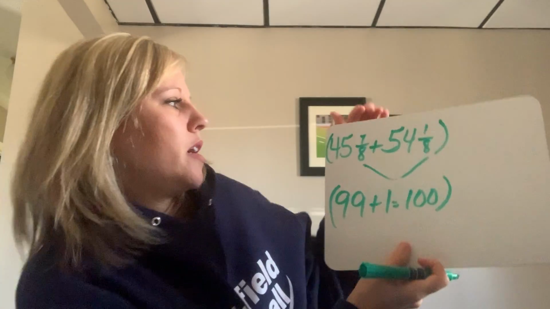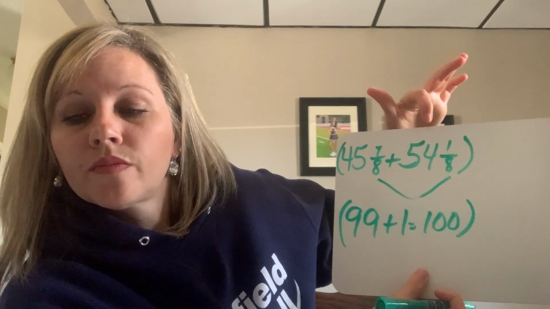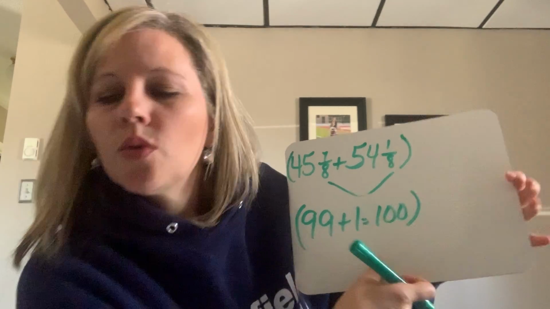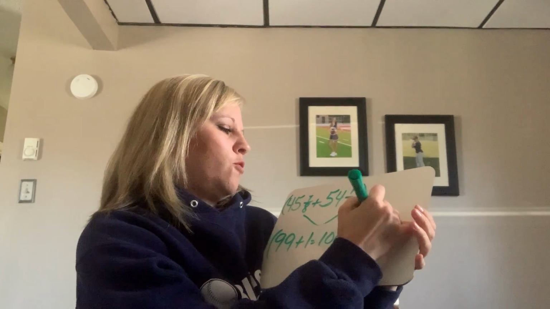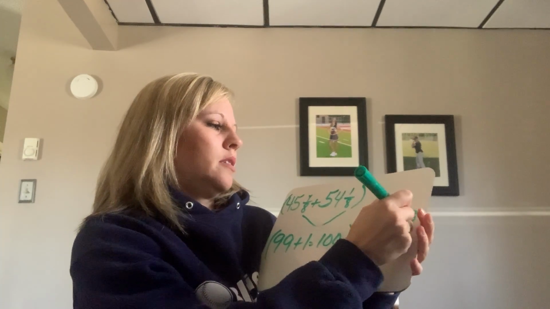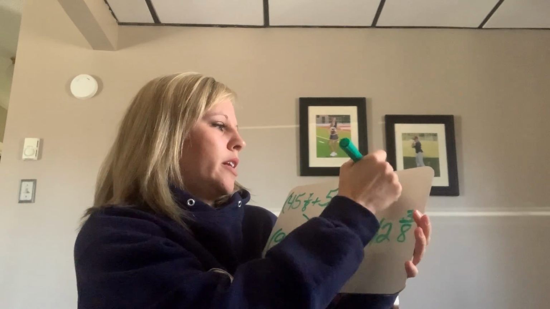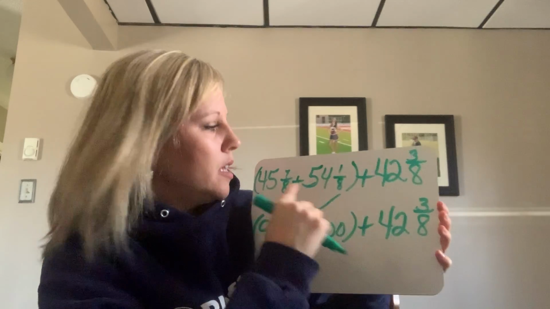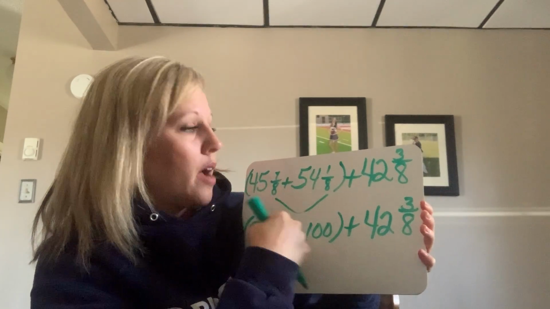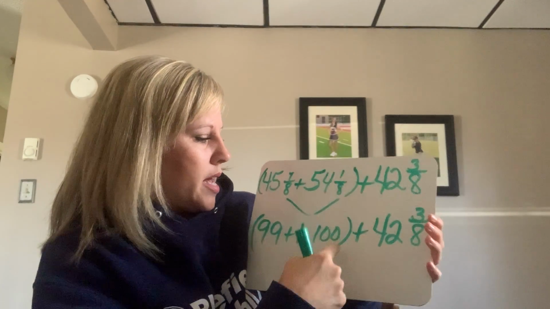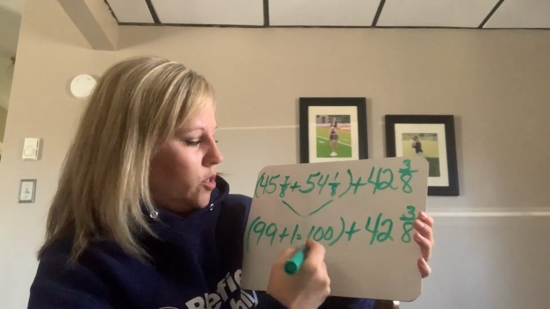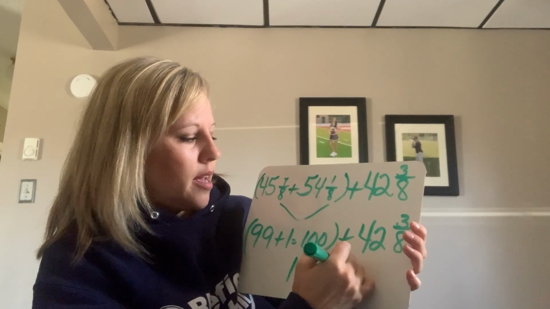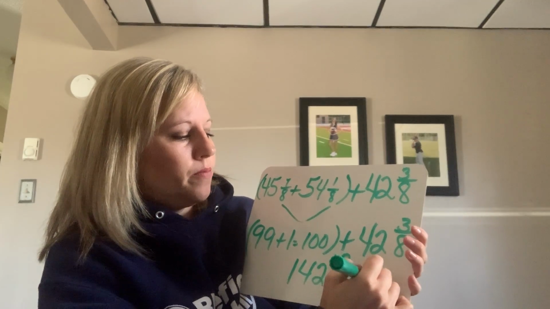Okay, so I've got 100 in these two. And then I'm going to add 42 and 3/8. Sorry, I didn't write that up here, but that would be the equation. Then using the associative property, I regroup them. And now I've got 100 plus 42 and 3/8, and that's going to give me 142 and 3/8 pounds.